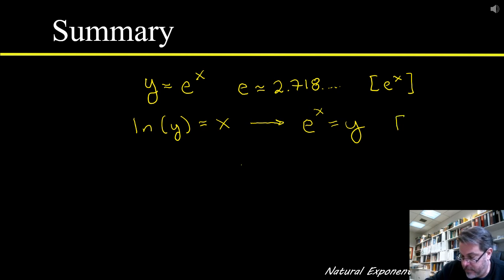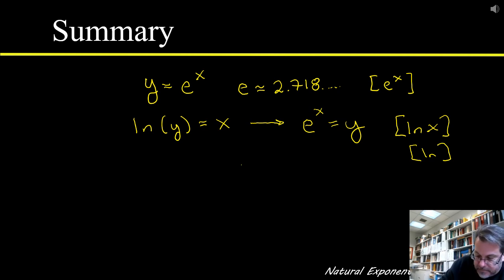And if you have problems like this, your calculator might say ln x, or it might just say ln. Mine just says ln, but some of them may say ln x. But anyway, just use your natural log key to solve that.